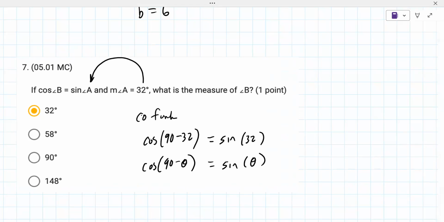Nice work. 90 minus 32 is 58. So that would be 58.